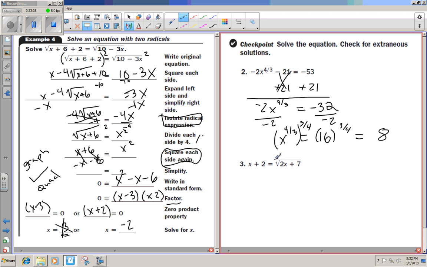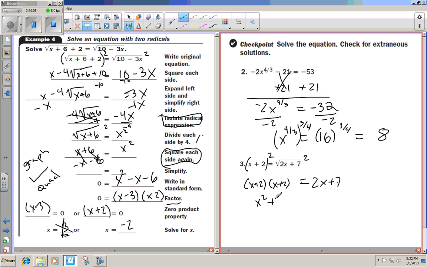All right. Pause again, try this one out. I'm going to continue. Square both sides. This is a little bit like example number 4 where you have to do some factoring here, or some foiling. That's x plus 2 times x plus 2 equals 2x plus 7. So x times x is x squared. X times 2 plus 2x.